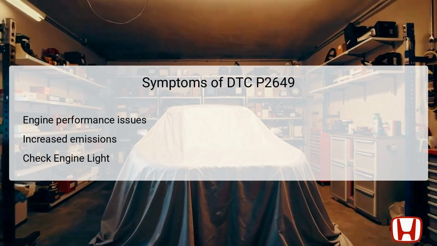Additionally, you may notice an increase in vehicle emissions, primarily due to improper valve timing dictated by the malfunctioning rocker arm solenoid. Furthermore, the check engine light (CEL) will activate, alerting the driver to a service requirement that should not be ignored. Addressing these symptoms promptly is essential, as they can lead to greater complications down the line if the underlying issue with the rocker arm oil control solenoid circuit is not resolved.